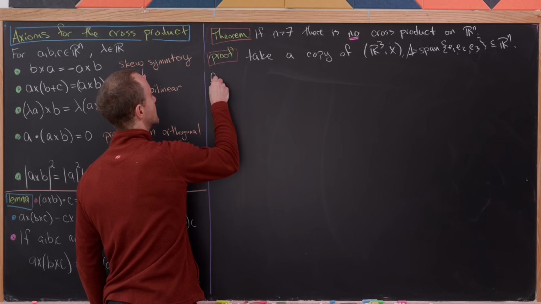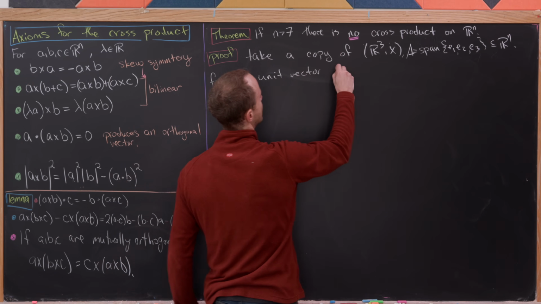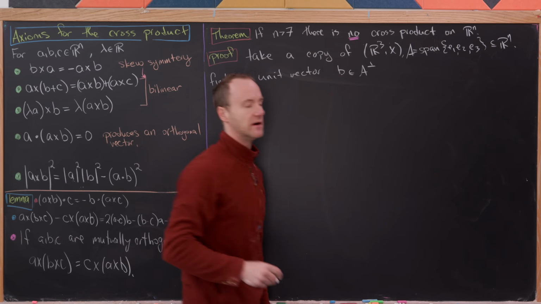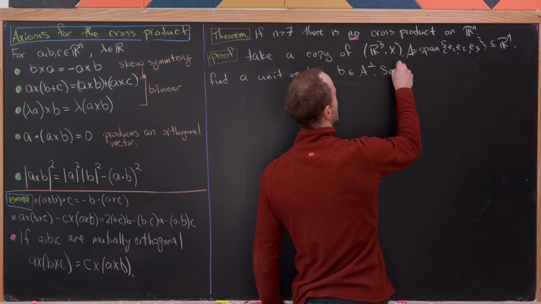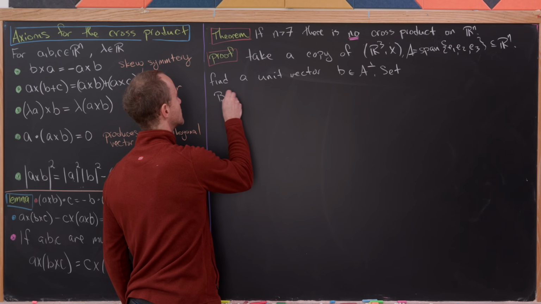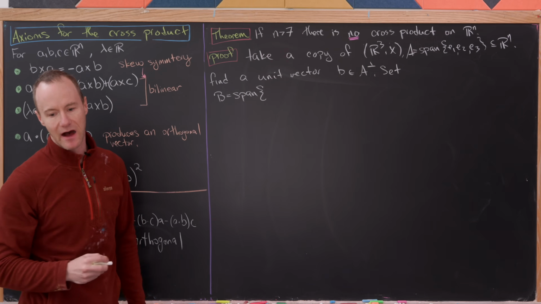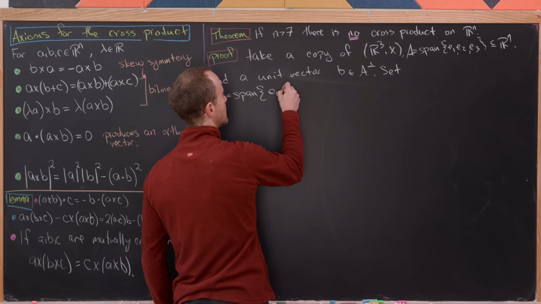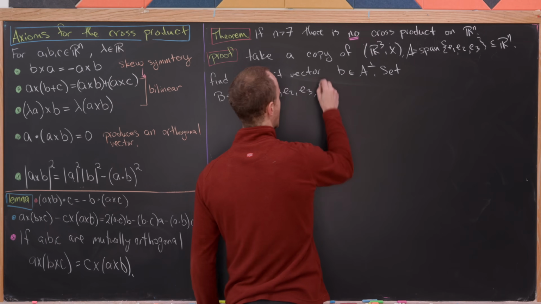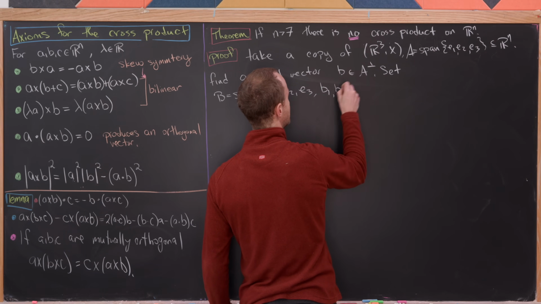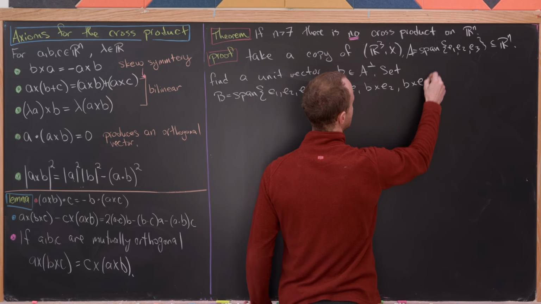Then let's also find a unit vector, and we'll call that unit vector B, inside of the orthogonal complement of A. And then after that, we're going to set B equal to the span of the following set of vectors built out of all of this. So we have E1, E2, and E3. And then after that, we'll have B, and then B cross E1, B cross E2, and B cross E3.